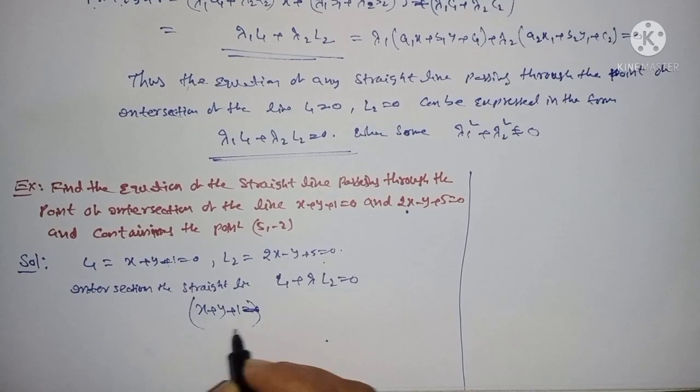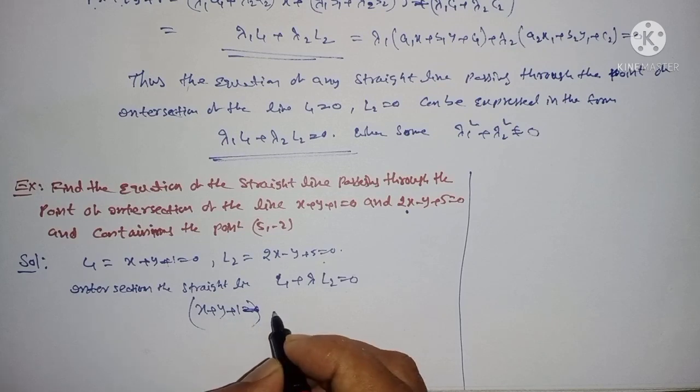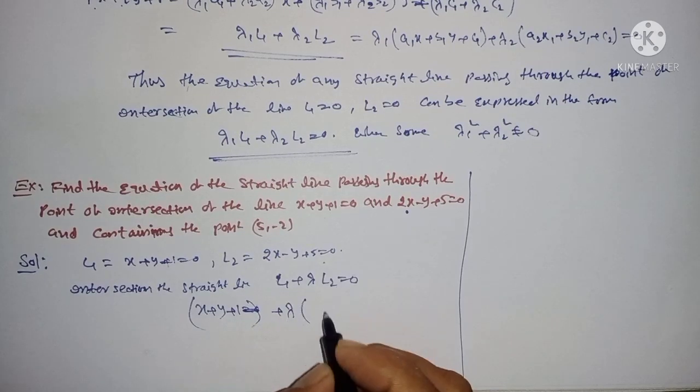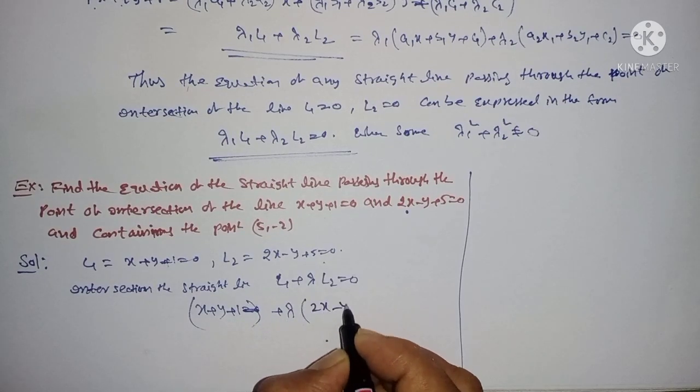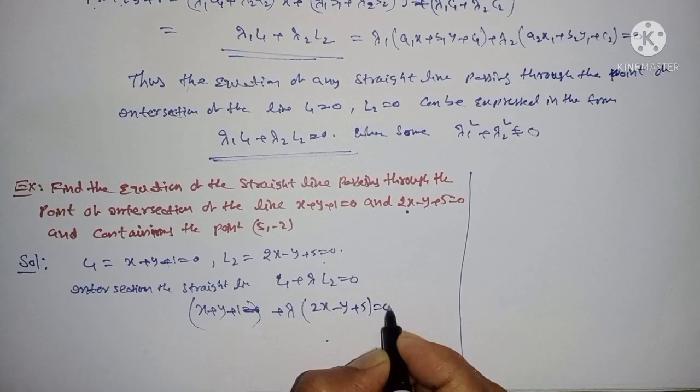L1 is x plus y plus 1 plus lambda as it is. L2 is 2x minus y plus 5 is equal to 0.